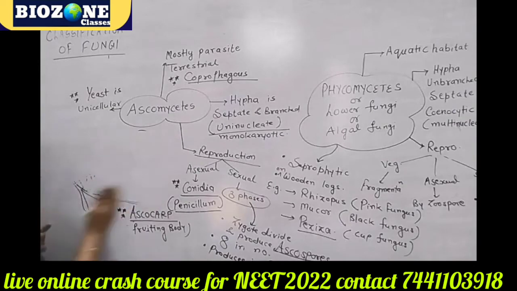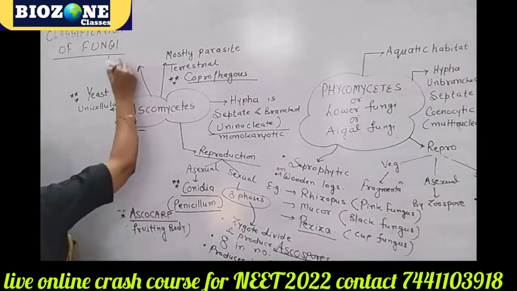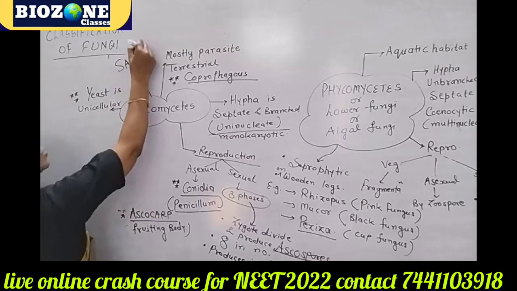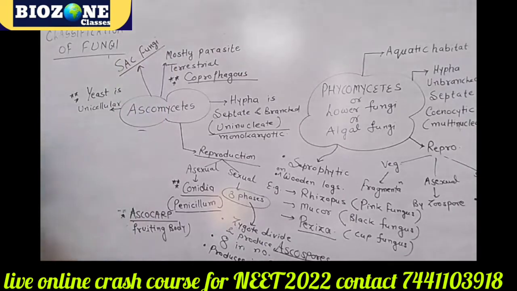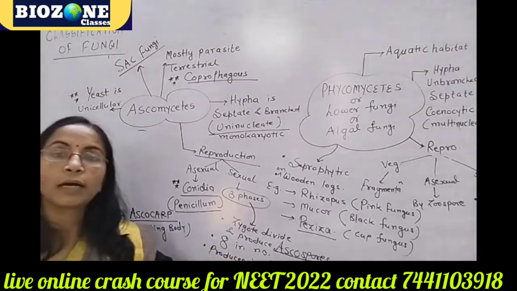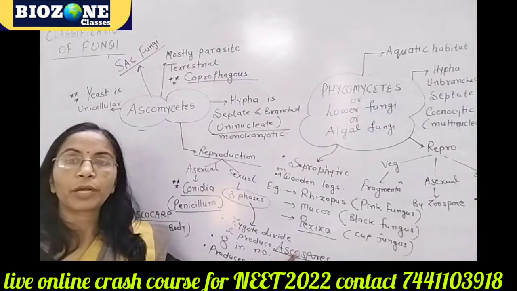Now after that, this is the reason that the first statement is provided. The members of ascomycetes are commonly called sac fungi. Why are they called sac fungi? Because the sac-like structure ascus is responsible for the production of the reproductive spore, ascospore.